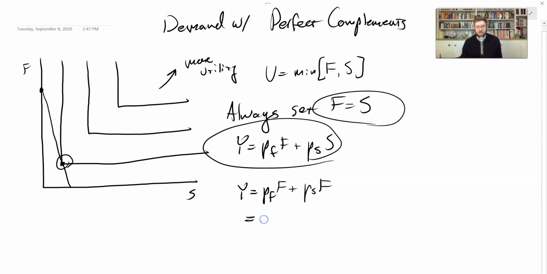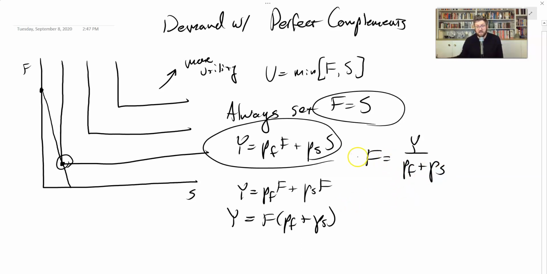We can factor out the F, and we get our demand equation for, I guess we did S in the illustration, but it's okay. F is equal to Y divided by PF plus PS.